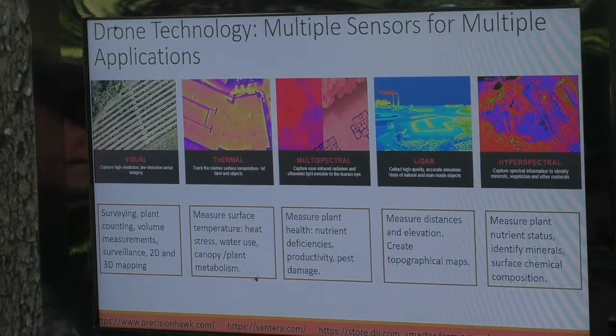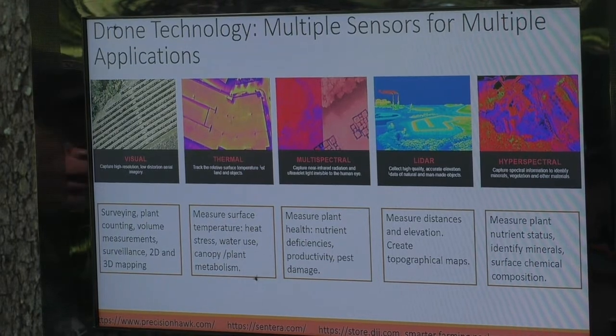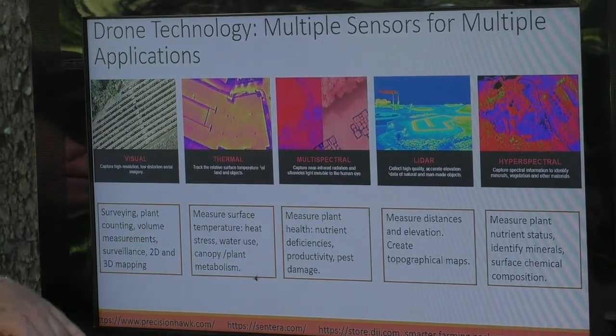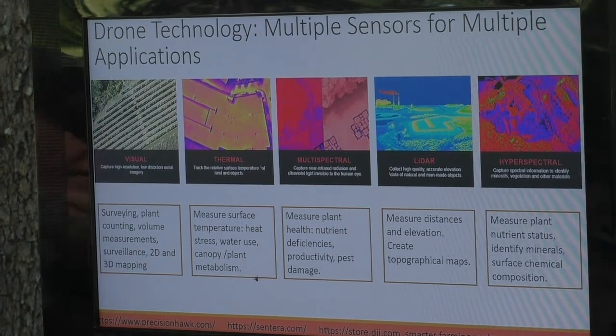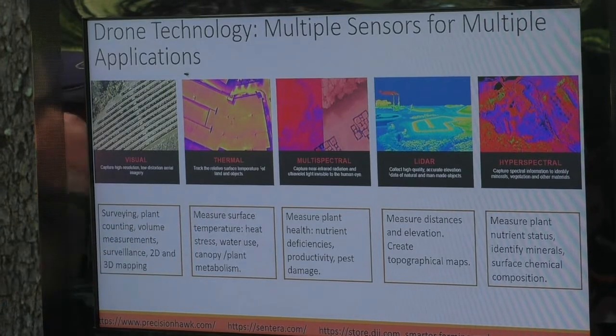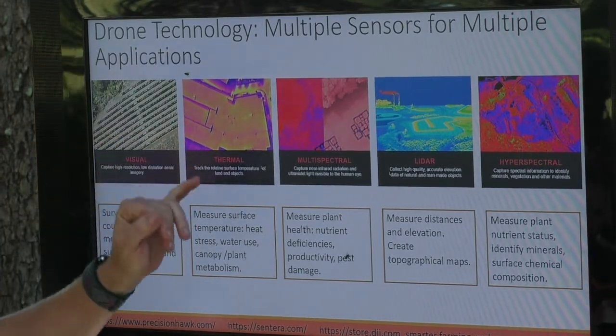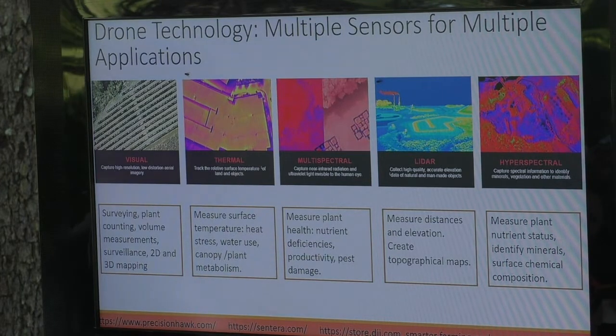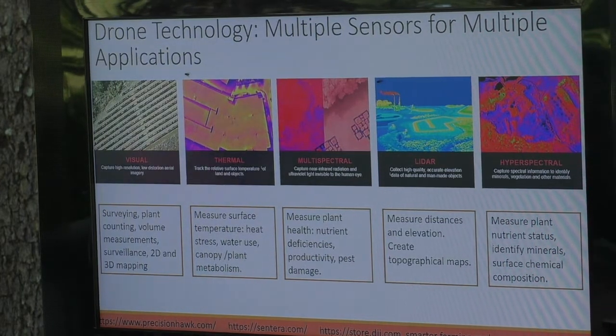So multiple sensors out there for tons of different applications. Just your typical camera for mapping. I've done some plant surveying for like smut grass out here. Thermal, so you can look at the surface temperature of objects. Multispectral, you can look at plant health and nutrients, plant productivity.